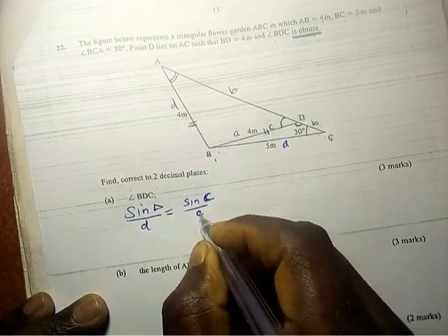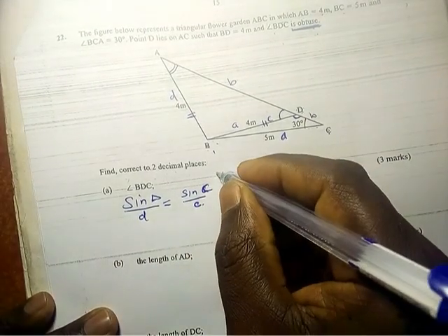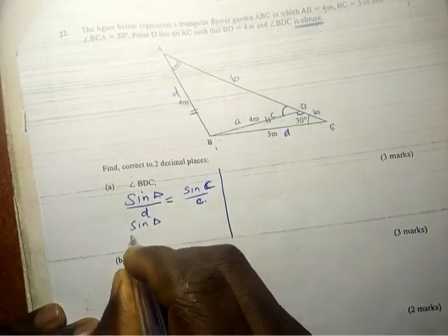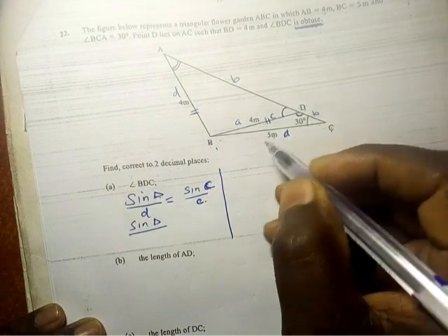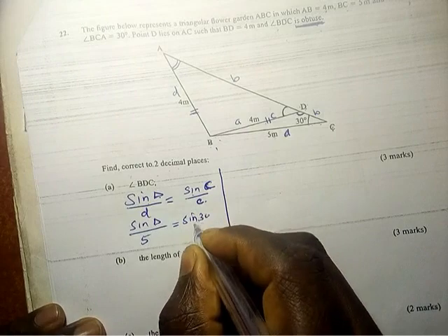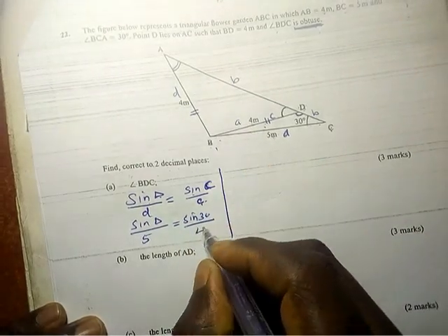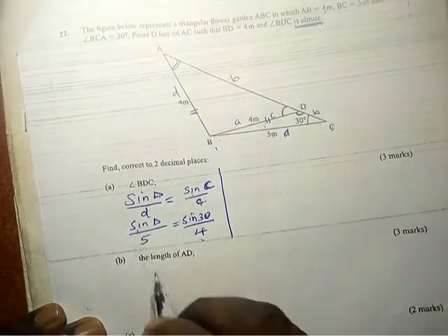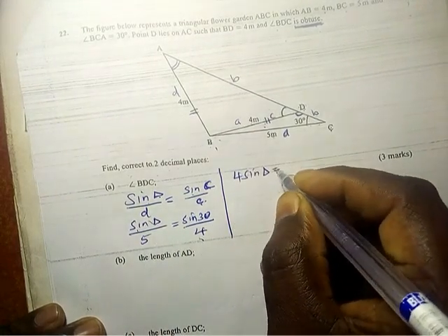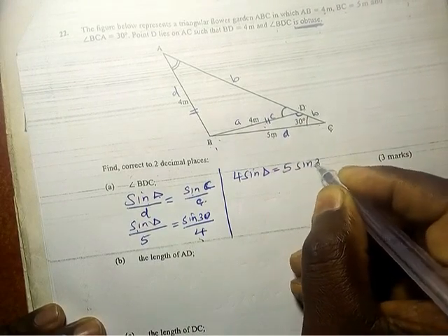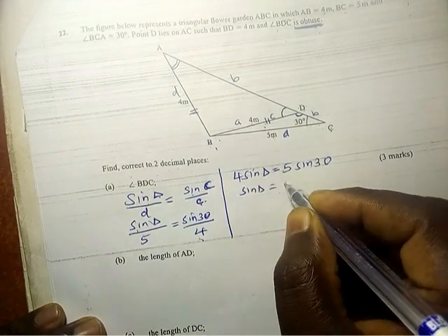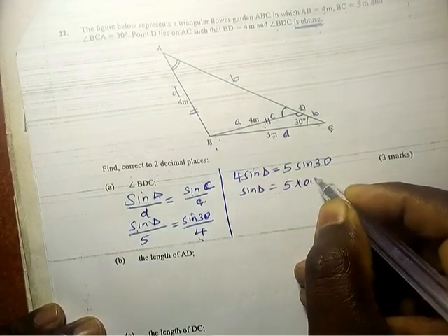Sine D divided by d, where d is 5, is equal to sine 30 divided by c, and c is 4. So we cross multiply: 4 sine D is equal to 5 sine 30. So sine D is equal to 5 times 0.5, since sine 30 is 0.5.